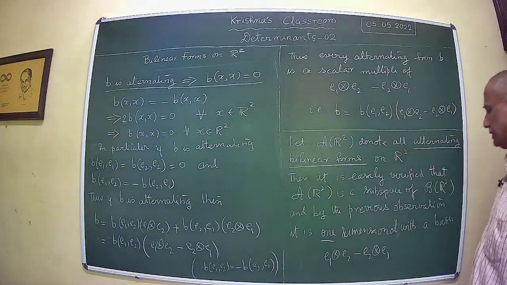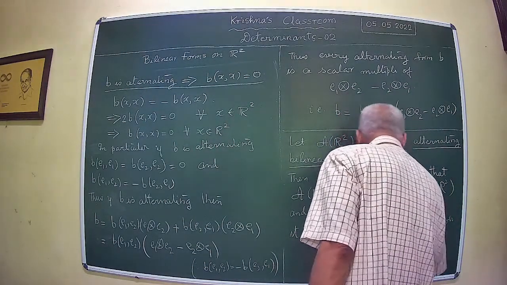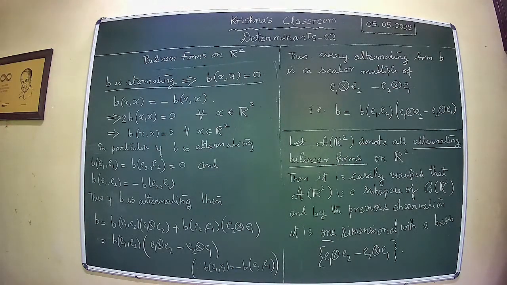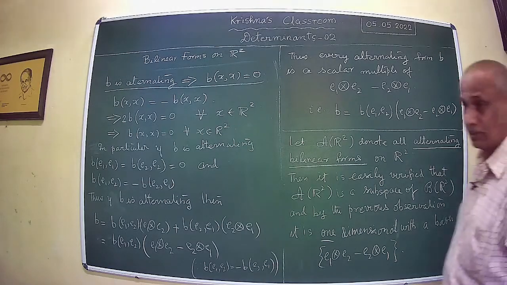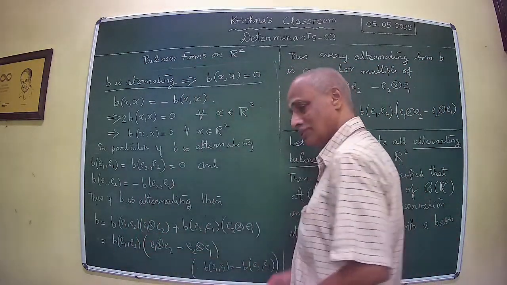So that forms a basis for this. Because there is only one non-zero vector, and every alternating bilinear form can be written as a scalar multiple of this. So that is done.